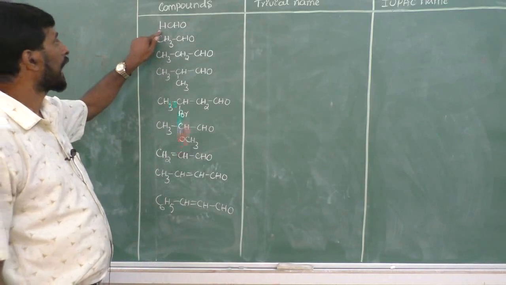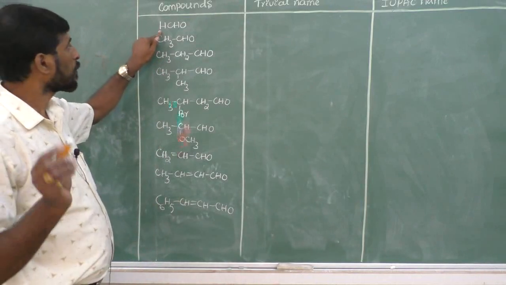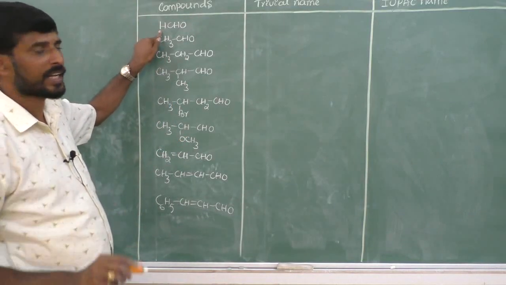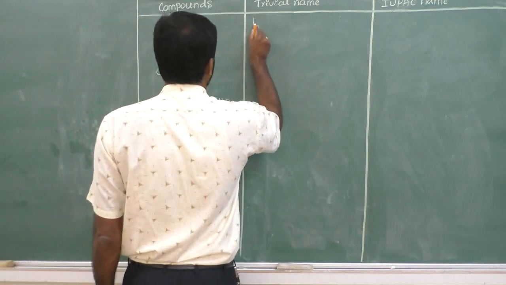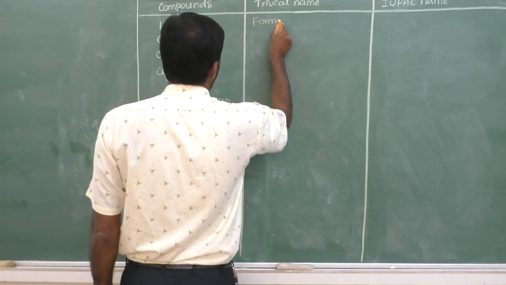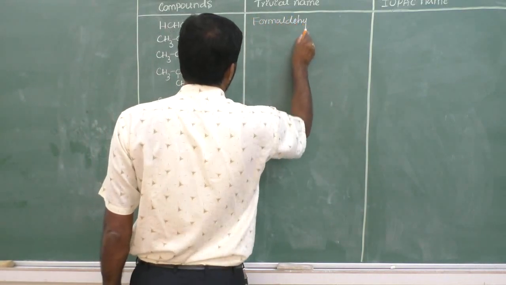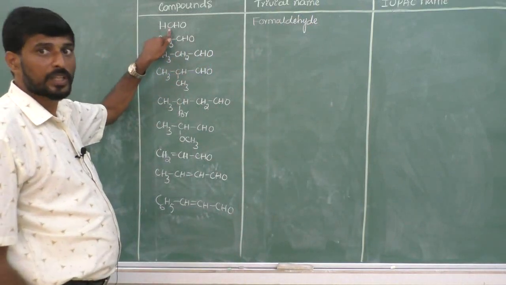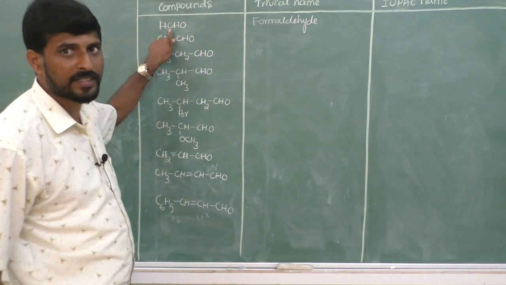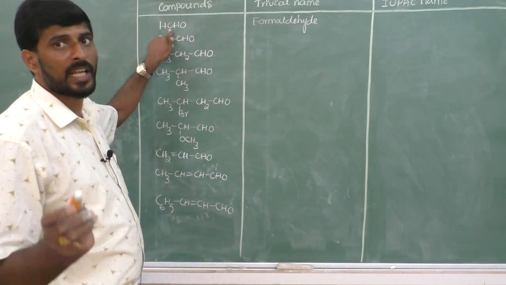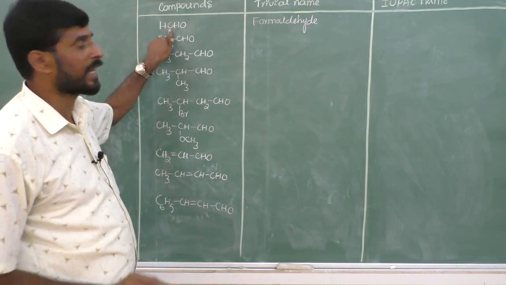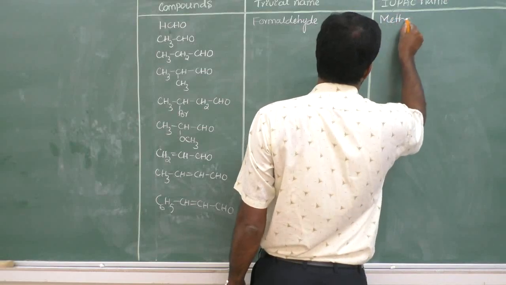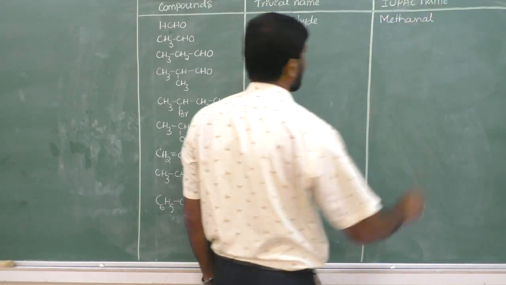The first one, the corresponding carboxylic acid is formic acid. By replacing the last -ic acid with aldehyde, hence the name formaldehyde. Now, it contains one carbon atom. Therefore, the corresponding hydrocarbon is methane. In that, the last e is replaced with al, hence the name methanal.